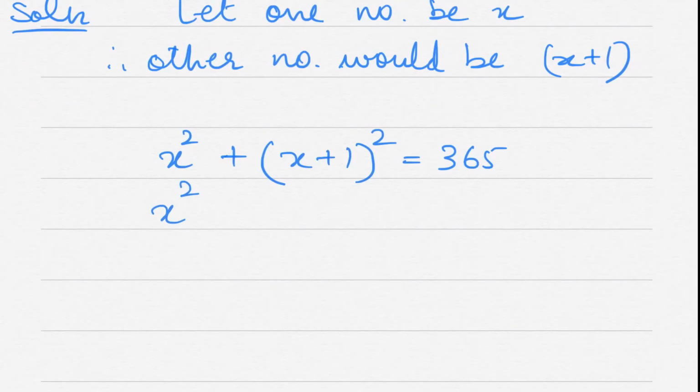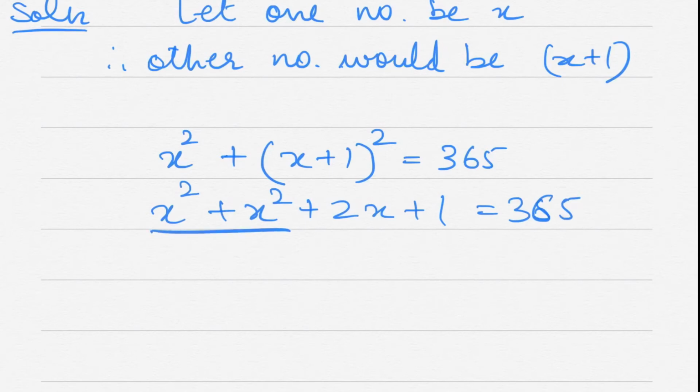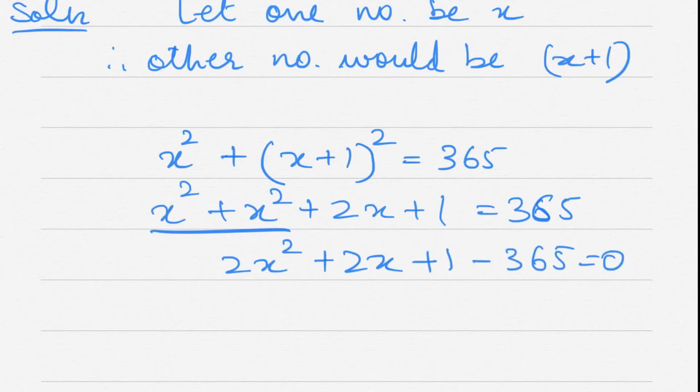So x square, I can use my identity a plus b whole square, right? So x square plus 2x plus 1 is equal to 365. Okay, now this becomes 2x square plus 2x plus 1 minus 365 is equal to 0. So now what do I get now?